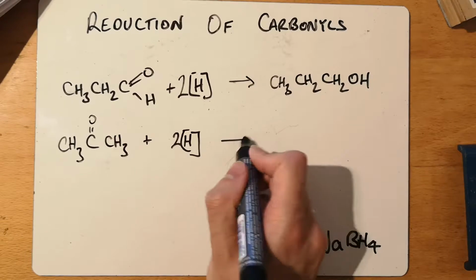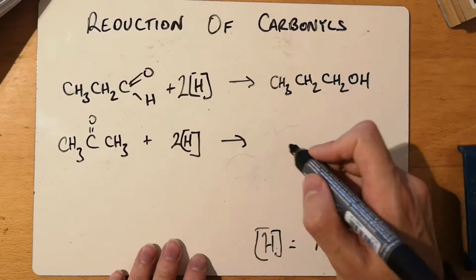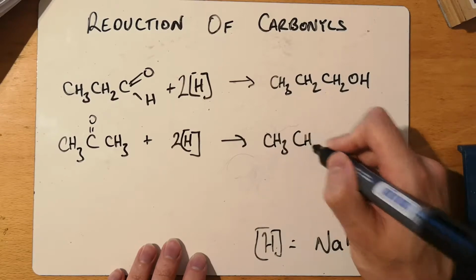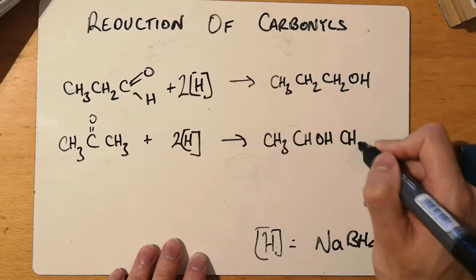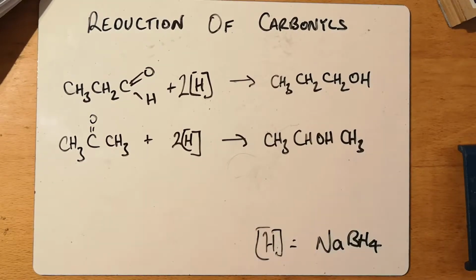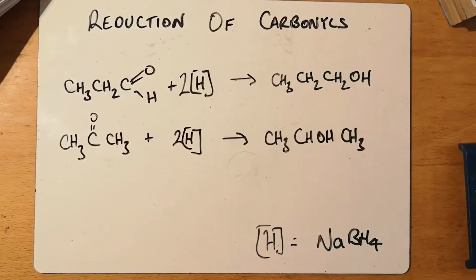We add our sodium borohydride, our reducing agent, and that is going to go back to the alcohol that it was. So on that central carbon we have our alcohol group joining, and these are reduction reactions.